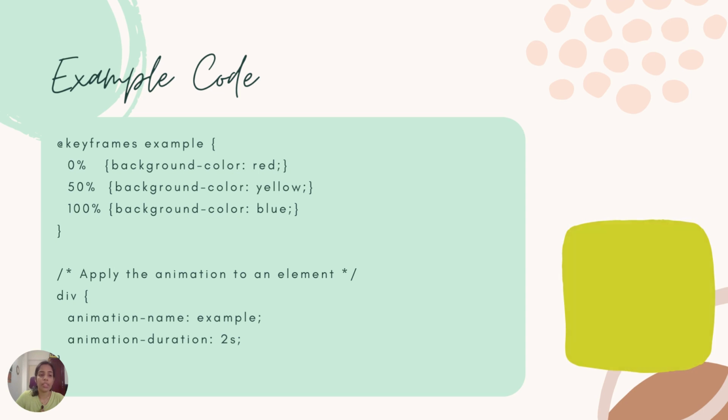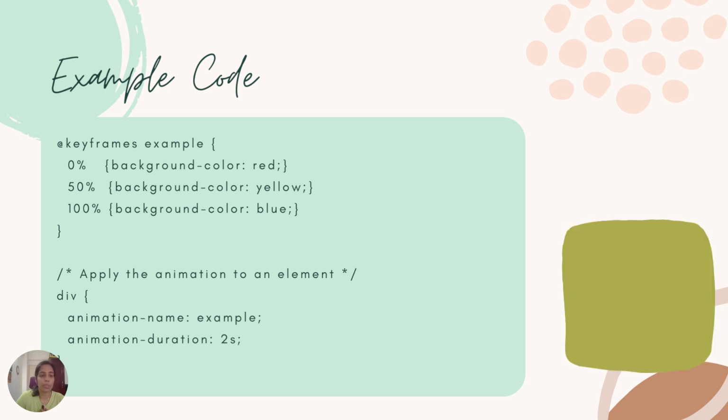Then we are giving the animation name as example. The animation name which we are giving should be the same as the name we give inside our keyframes. The name of the keyframe should be example, and it should be the same as that of the animation name.